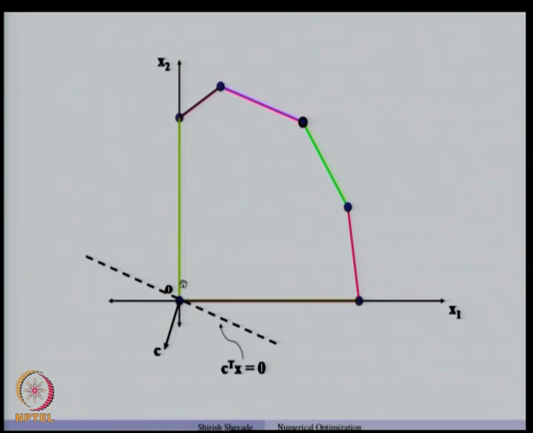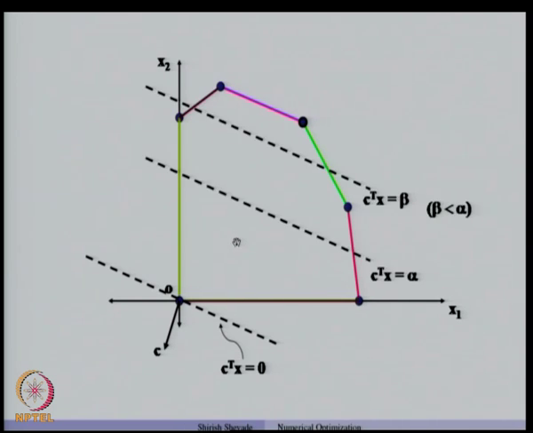So, our method should start constructing hyperplanes which are parallel to this hyperplane and that have a non-empty intersection with the feasible set. If you start constructing those hyperplanes, obviously, C transpose X equal to alpha is this hyperplane and C transpose X equal to beta is this hyperplane, and beta will be less than alpha.